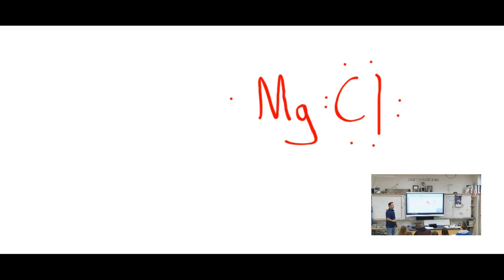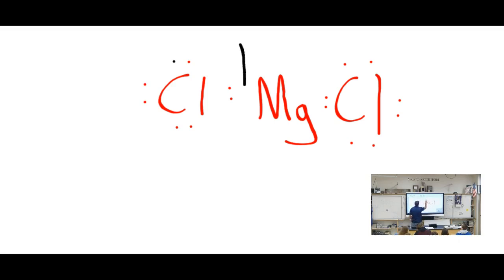So what will happen? Anyone? The octet is not filled. It needs a second chlorine. So right over here, Cl with how many dots? 7. 1, 2, 3, 4, 5, 6, 7.